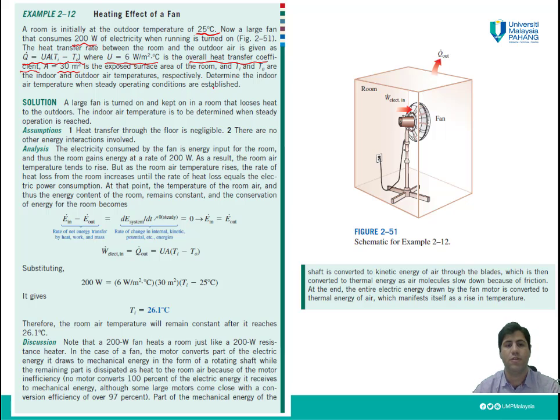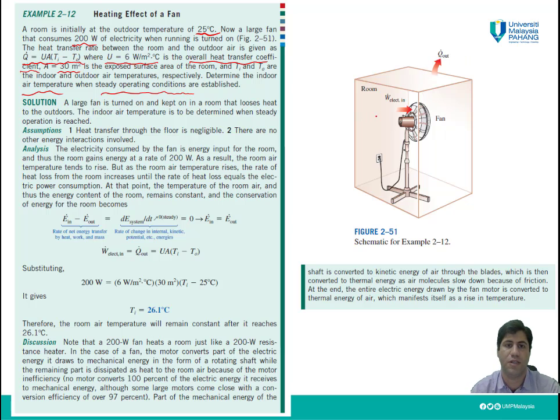What we should do is determine the indoor air temperature when steady operating conditions are established. In other words, the room temperature, or the temperature of the air inside the room, is equal to the temperature outside the room.